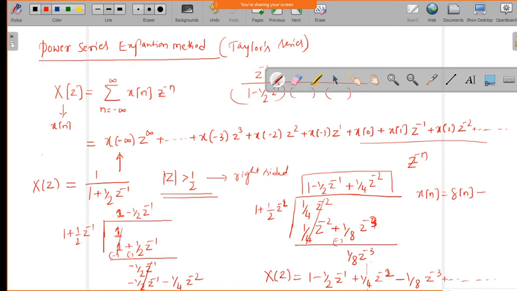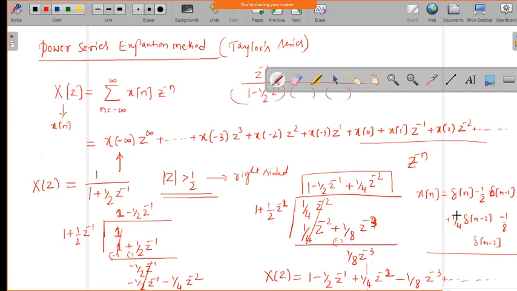Next, it is minus half into delta of n minus 1 plus 1 by 4 into delta of n minus 2 minus 1 by 8 into delta of n minus 3. So we can represent x of n by taking the inverse z transform of this x of z like this.